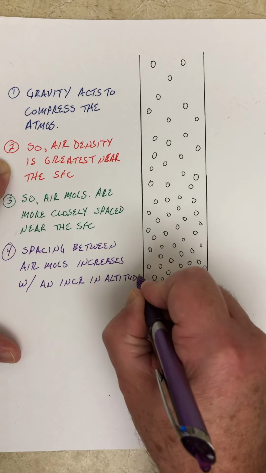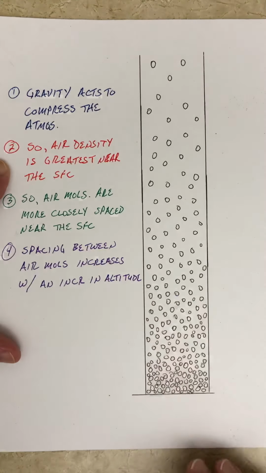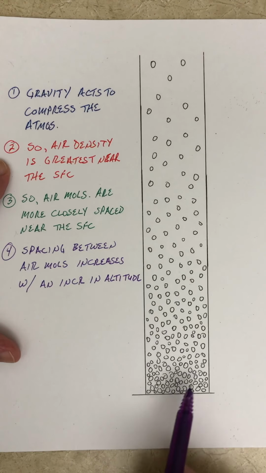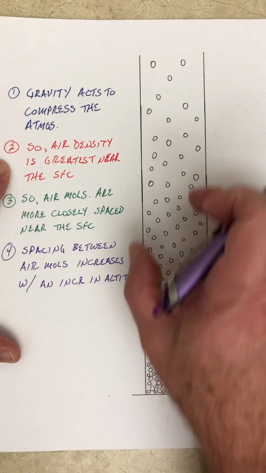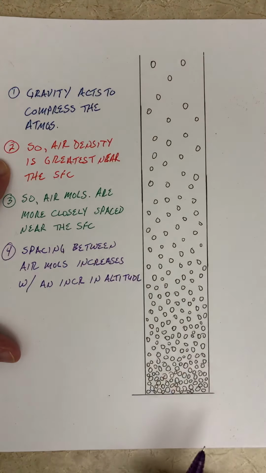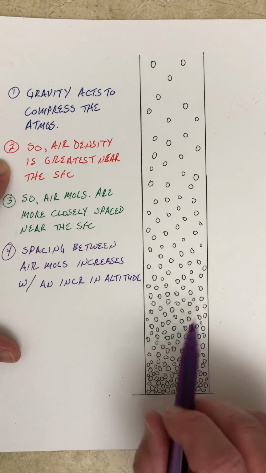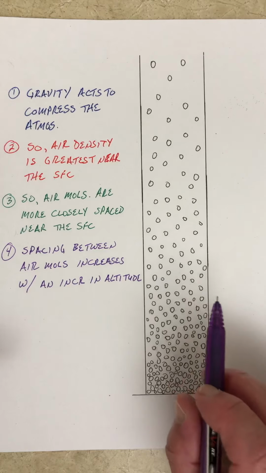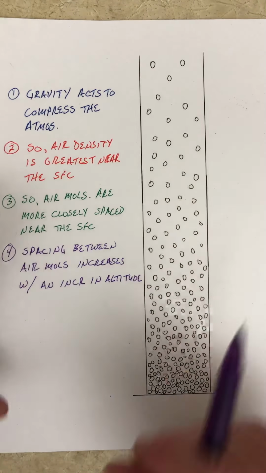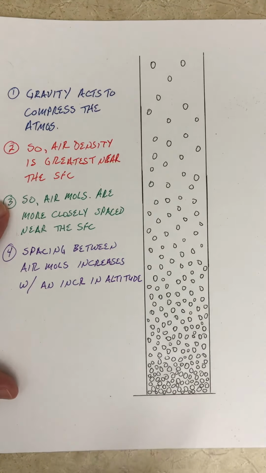Again, the higher you go up in the atmosphere, you'll notice that the spacing between the air molecules becomes greater. The greatest density of air molecules is near the surface. As you go up into the atmosphere, that density decreases, and as a result, you have larger spacing between air molecules as you go up.